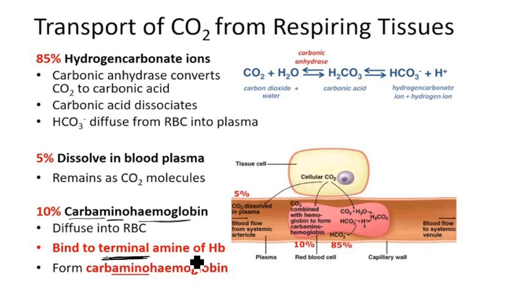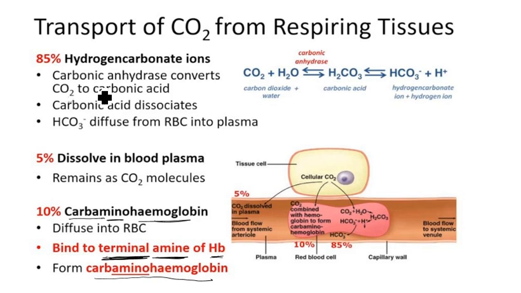We've talked about the amine group before, in biological molecules. So it binds the amine group of the hemoglobin and forms carbamino hemoglobin. Like I said, carbon, amine, and hem, or carbon dioxide, amine, and hemoglobin.